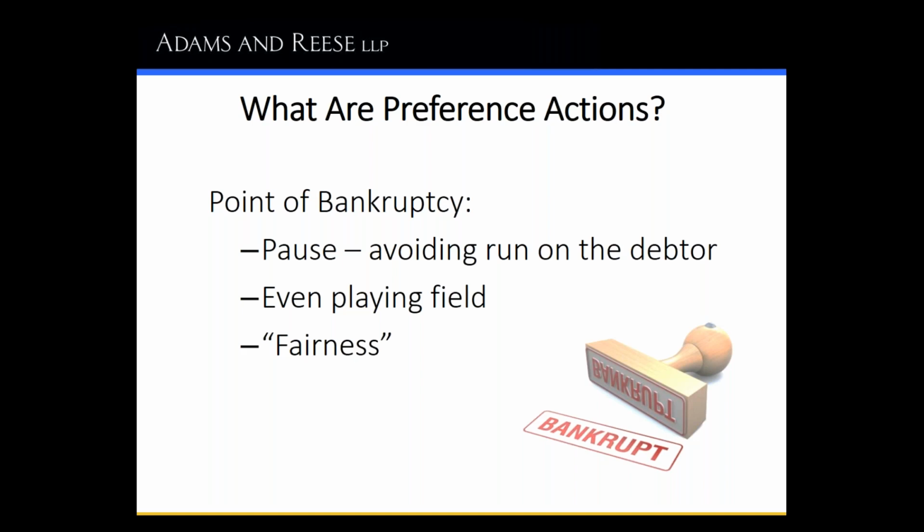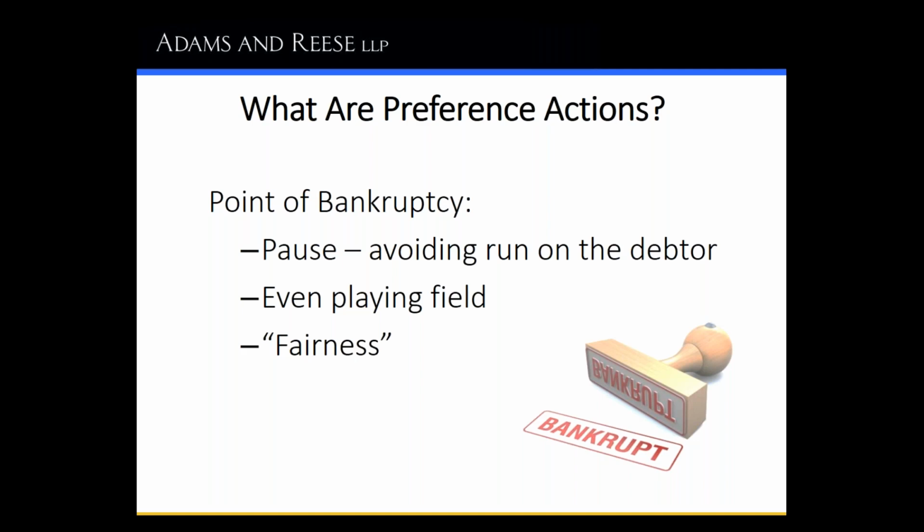The idea is the same: create an estate consisting of all of the debtor's property, and all the debtor's property includes the debtor's claims, so that it can be fairly administered for the benefit of the creditors, not of the debtor.